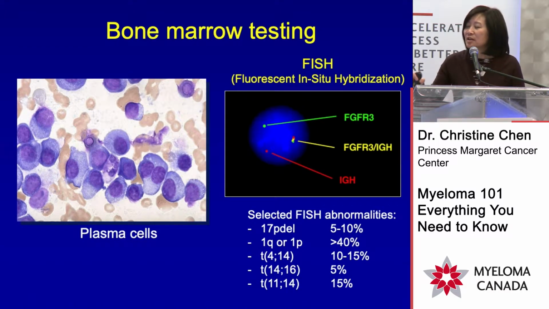It's a mouthful to say that we can take different probes to pick out the common abnormalities we expect and look for them. I've listed the ones that we do at Princess Margaret, which are probably done at many centers across Canada. I've already mentioned 17p deletion and the translocation 4;14. The T brackets are translocations.